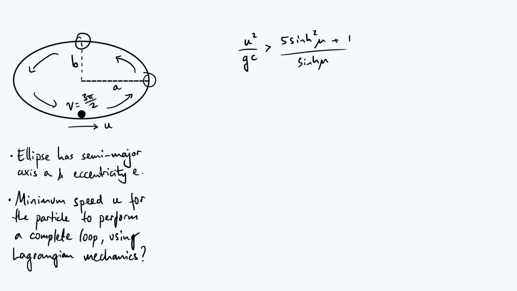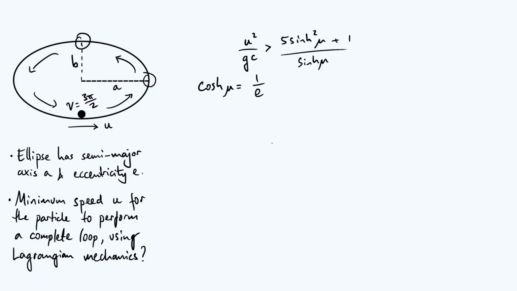So the final step is just to convert our condition that we've got here into a form that is expressed using the parameters that I originally gave in the question, which were semi-major axis A and eccentricity E, because it's not very useful directly to have it in terms of this thing mu. So what we can do is use the fact that cosh of mu is 1 over the eccentricity of the ellipse.